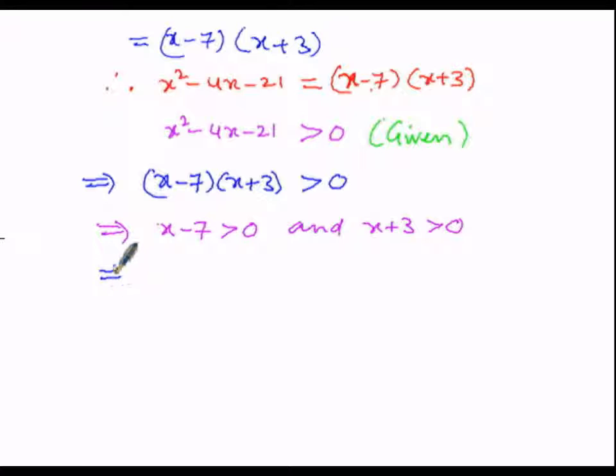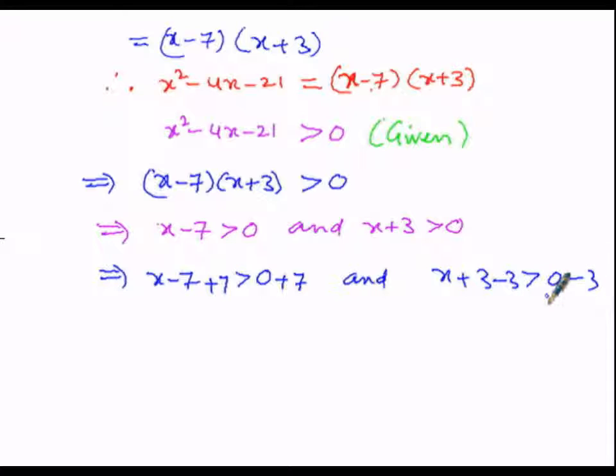So x minus 7 is on the left hand side of the first inequality, and greater than 0 is on the right hand side. In order to remove minus 7, we have to add 7 on either side of the inequality. The second inequality is x plus 3 greater than 0. Since it is positive 3, let us subtract 3 on either side of the inequality.